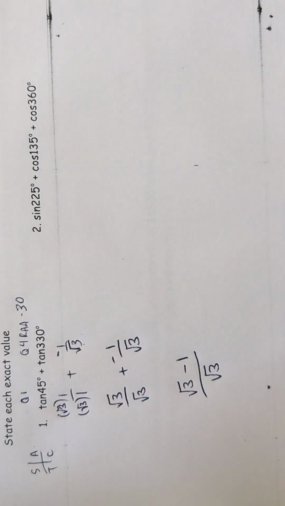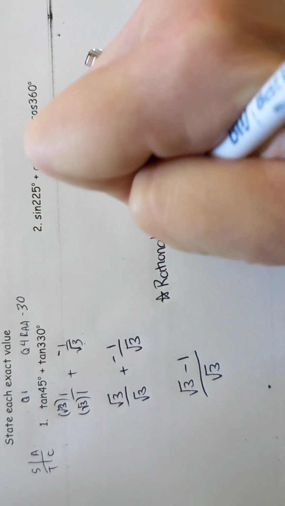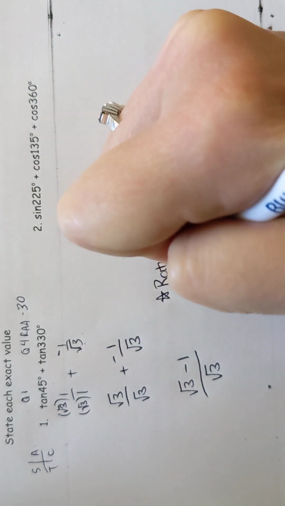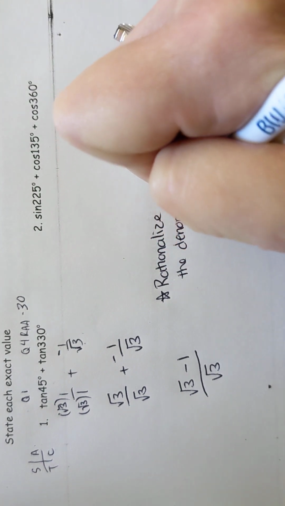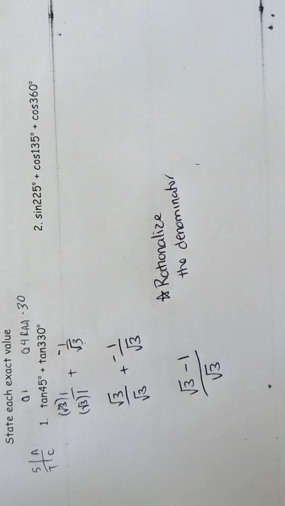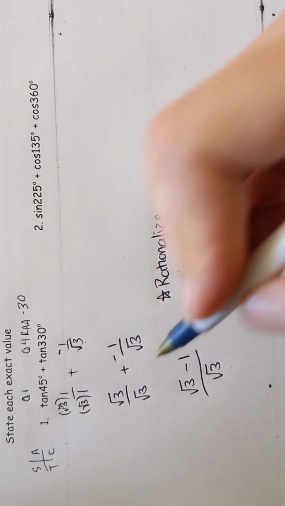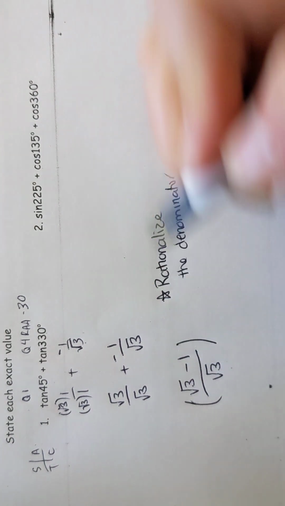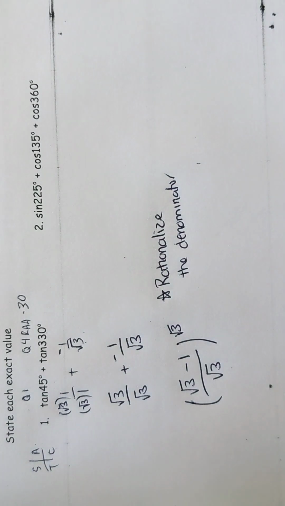The next step we're going to do is called rationalizing the denominator. So let's write that there. We don't want to have rational numbers in the denominator. We want to make sure that we've got whole numbers. Okay, so we want to turn this into a whole number. So the easiest way to do this is to multiply, find the equivalent ratio by multiplying this whole thing by root 3.